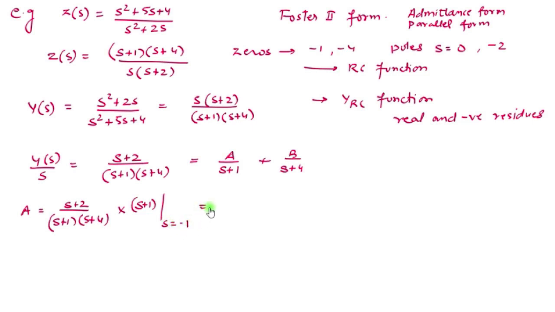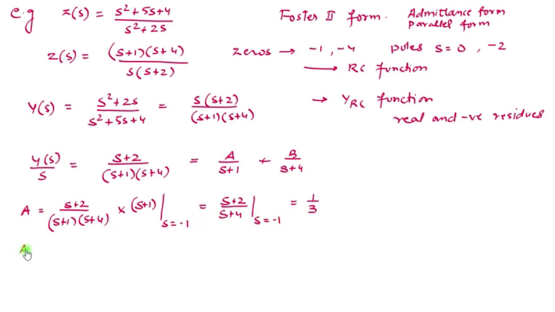These two terms will cancel out, and I will get (s+2)/(s+4). Substituting s equal to minus 1 here will give 1/3. So this is the value of A.